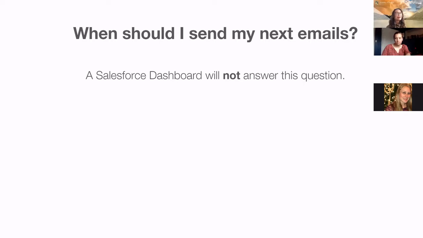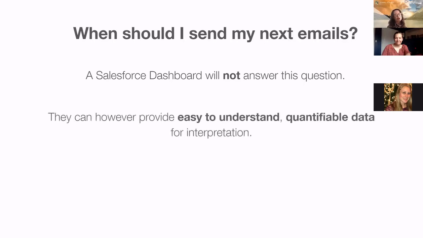So if you're thinking today, oh, I'm going to leave and I'm going to know exactly when I should send my next communication, 12:05 tomorrow, yeah, that's not how it's going to happen. It's not going to answer this question directly. So again, it's out there for interpretation and also testing down the road.